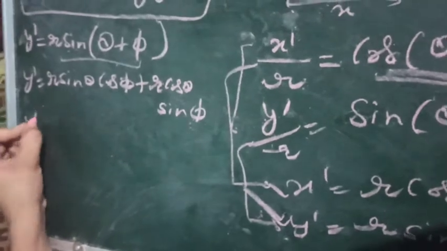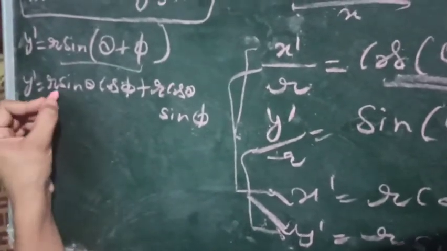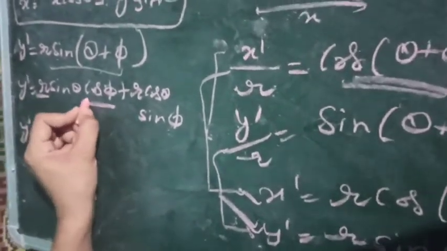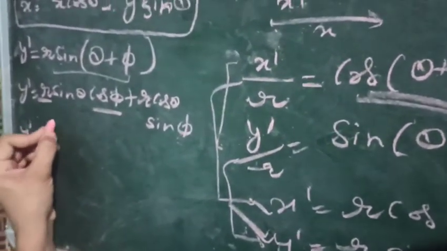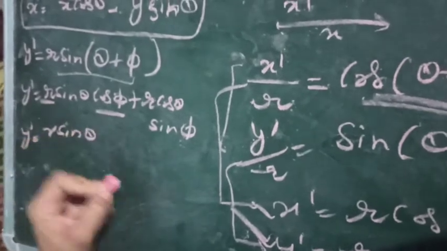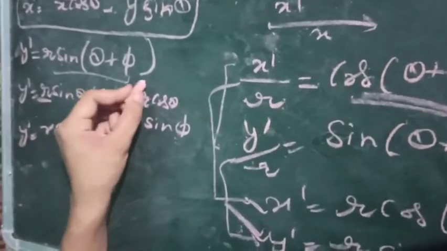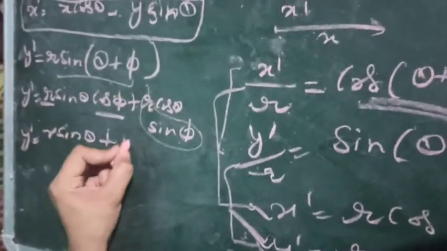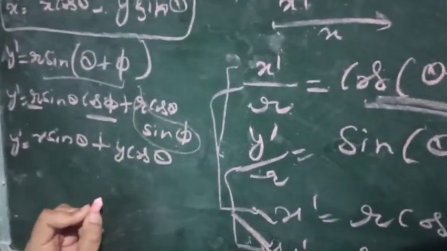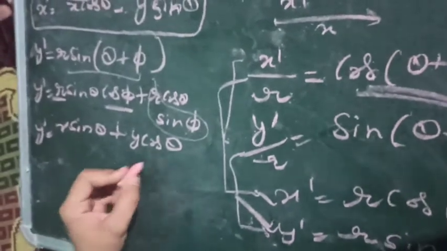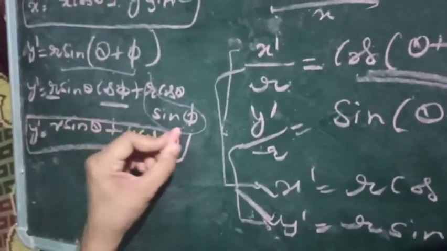Now again we know r cos phi is equal to x, then x sin theta, plus r sin phi is y, then y cos theta. We got the equations for x dash and y dash.